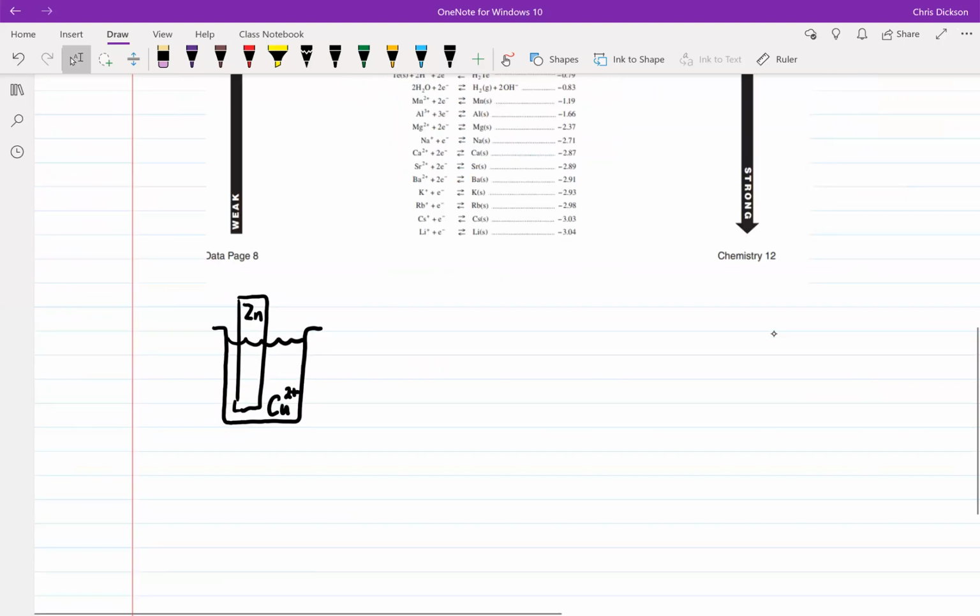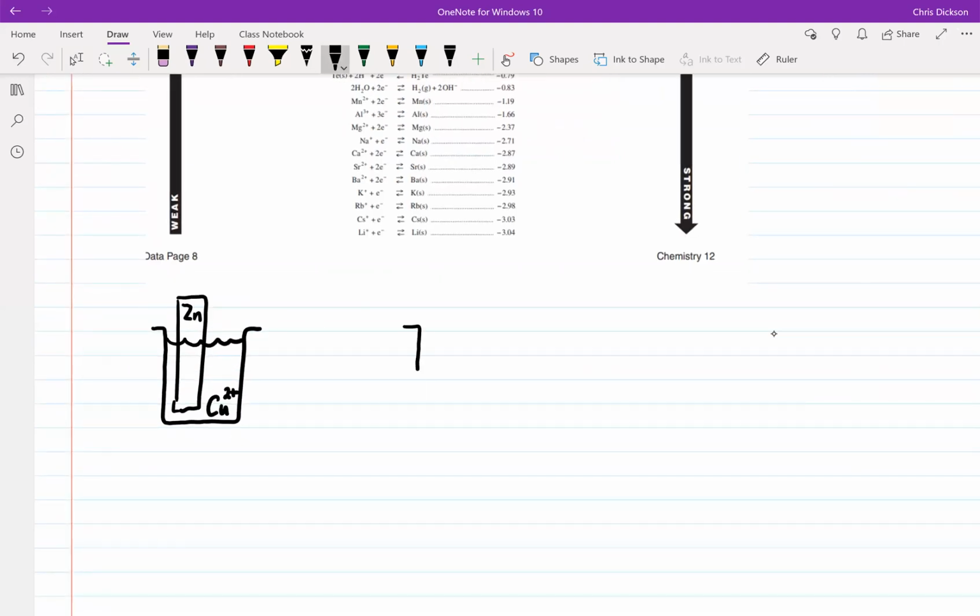And I'm going to look at what might seem like the exact same reaction, but I'm going to switch it up just a little bit in that I'm going to have a metal bar. And this metal bar is going to be copper metal. And the solution is going to have zinc ions.